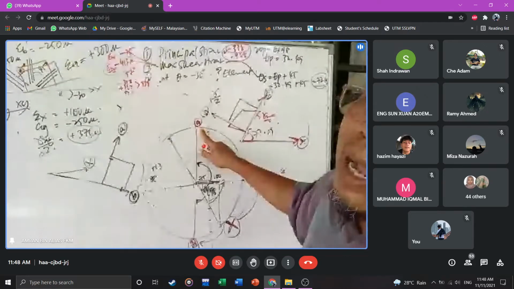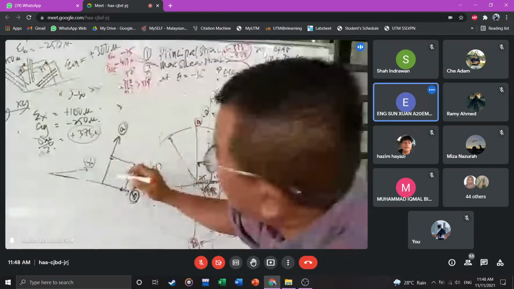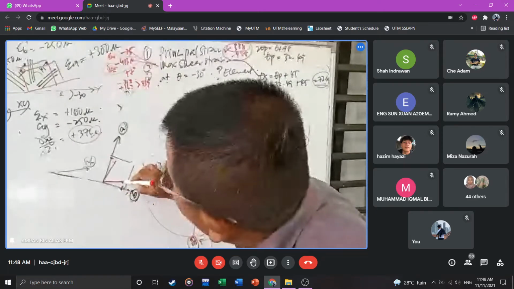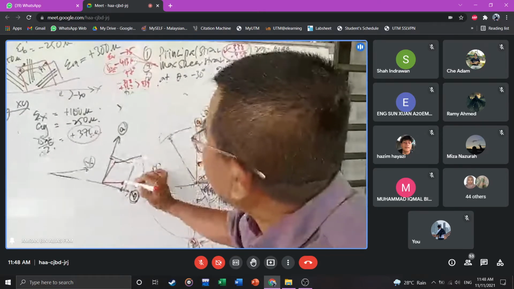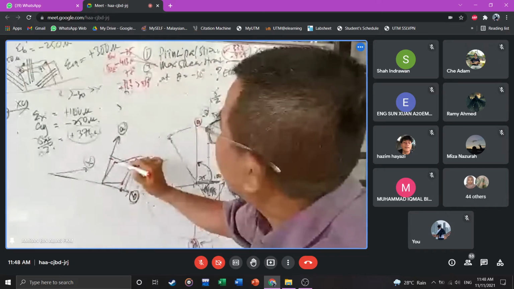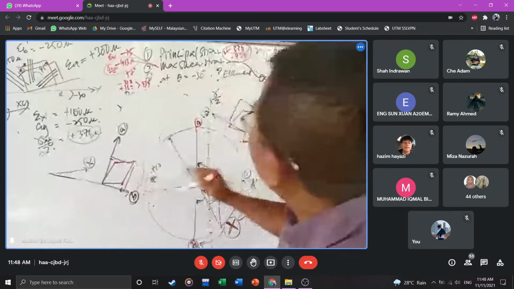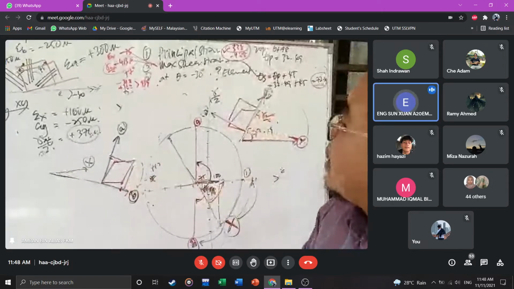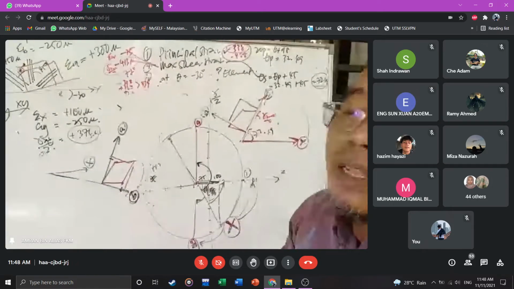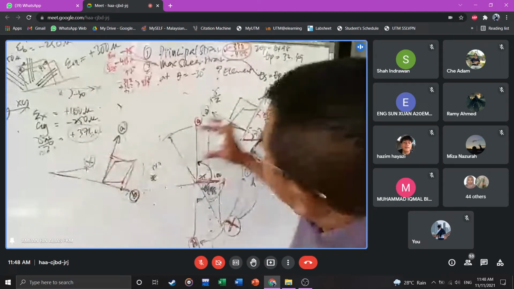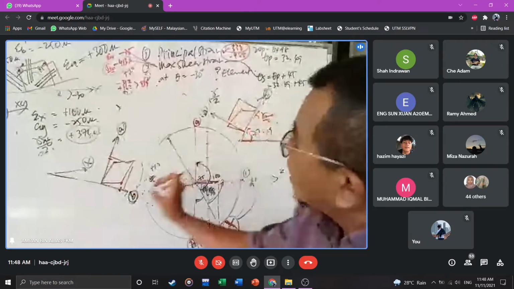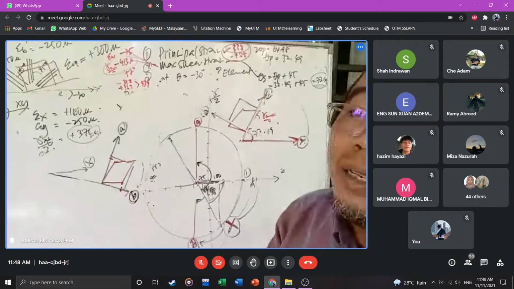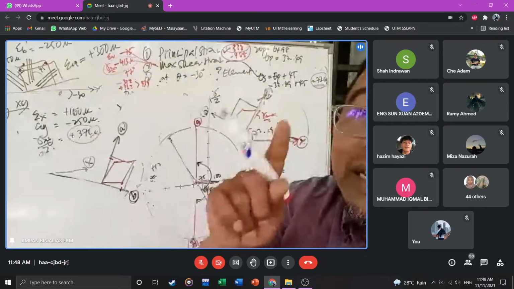So smaller or bigger? Smaller. And then draw a parallel line there. Is it the same shape? The same. So this side smaller, this also smaller there. This one bigger, this one also bigger there. Are you with me, guys? Yes. Practice this a lot.